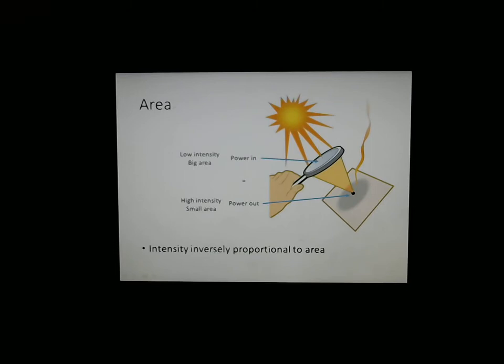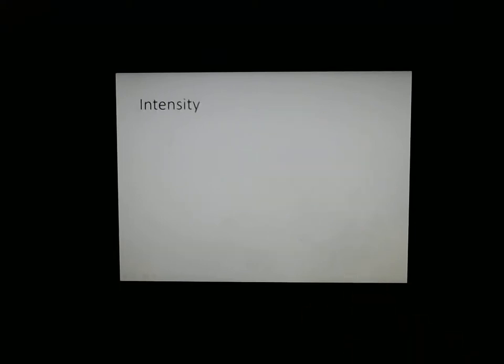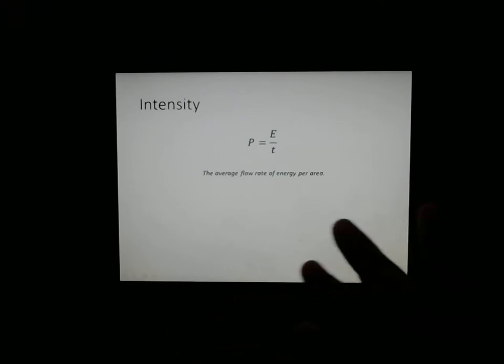Now, Walding derives the following formula, and we're going to look at this for a second. Here's the formula for power, and we have this idea of average flow rate of energy per area. So power is flow rate, and we're going to divide it by A for area. Now the syllabus descriptor is to define intensity.